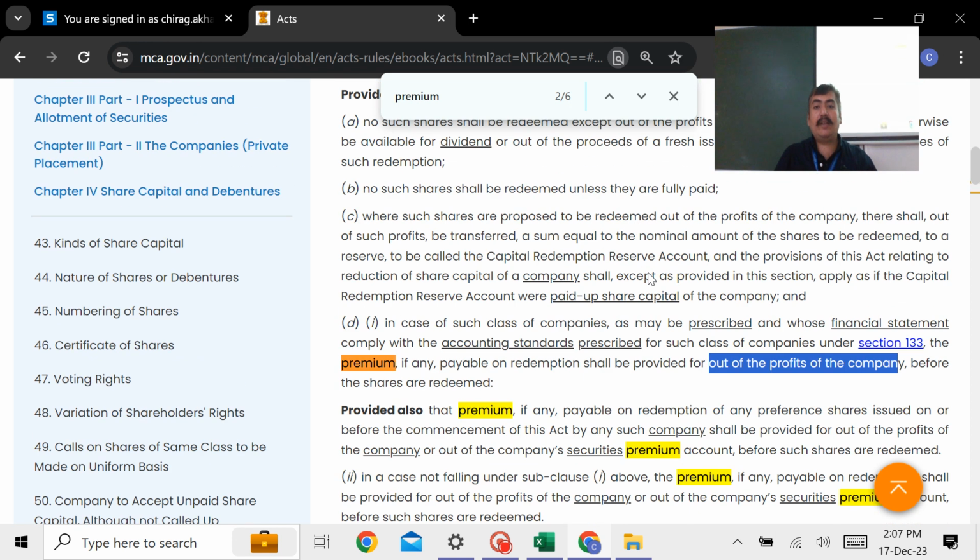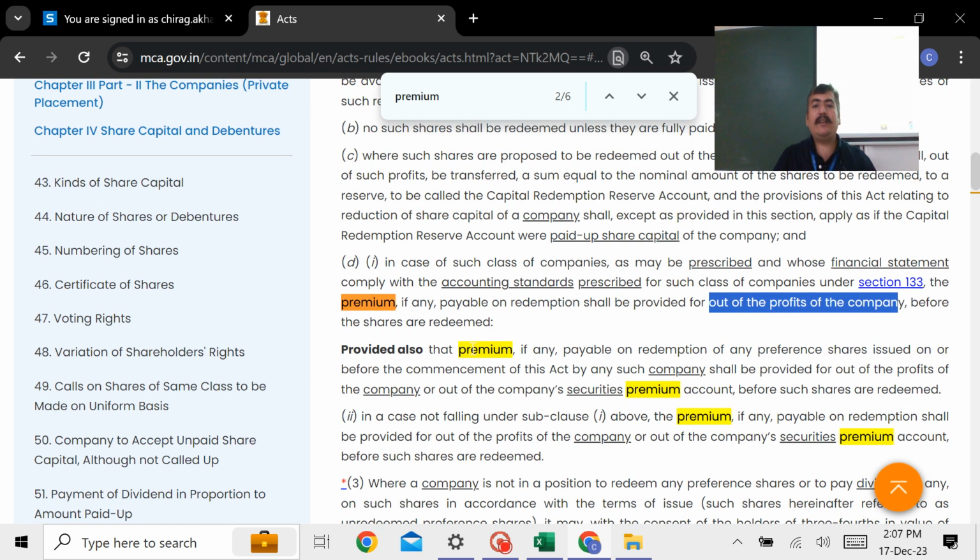But look at this. Provided, if premium, if any, is payable on redemption on such preference shares... नहीं ये अलग है, ये अलग है, हाँ.